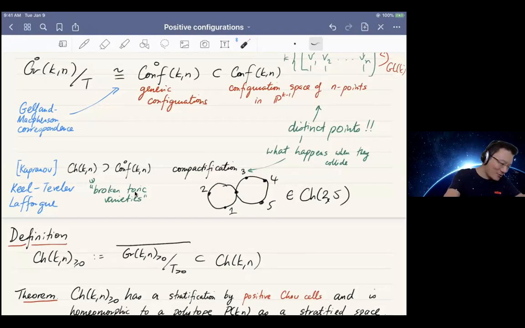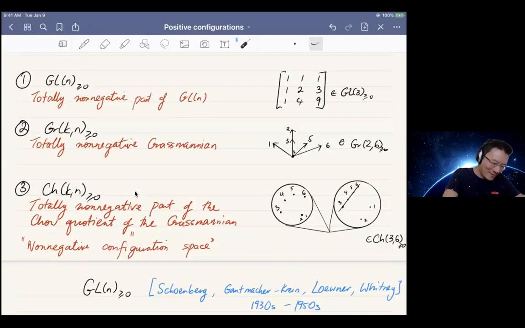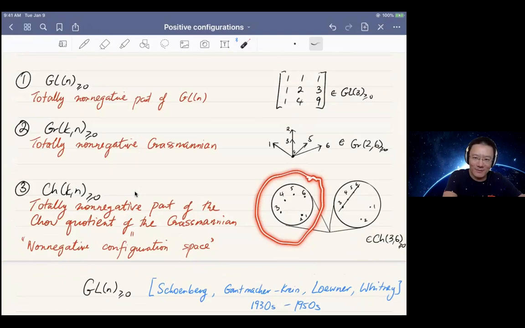Unfortunately, I also drew a picture over here of something that's a little bit higher. So this is Ch Kn. This is not as classically studied as these moduli spaces of curves. This guy is represented by a point in the total non-negative Grassmannian, and so is this guy. But to be allowed to be glued together, it turns out that there's a relation.